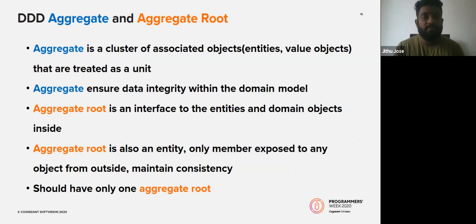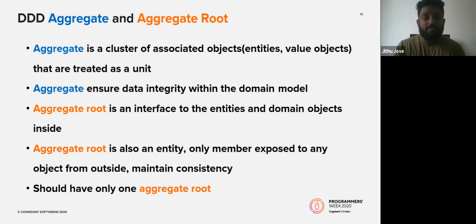And one of the major things in the building blocks is aggregate and aggregate root. We discussed entities and value objects, but there will be hundreds of entities inside a business domain. There should be a way to group them.